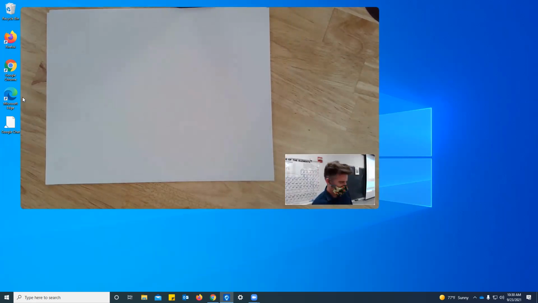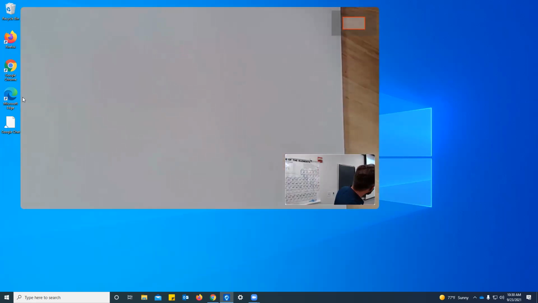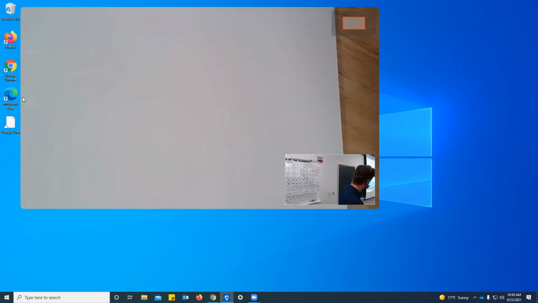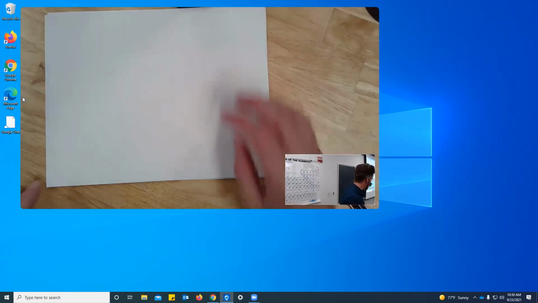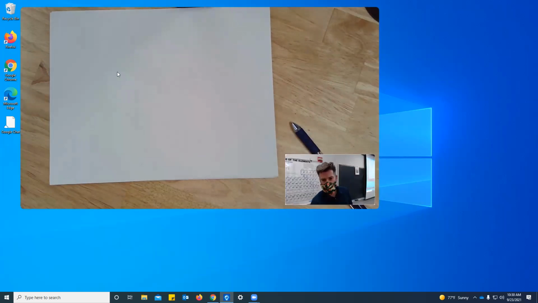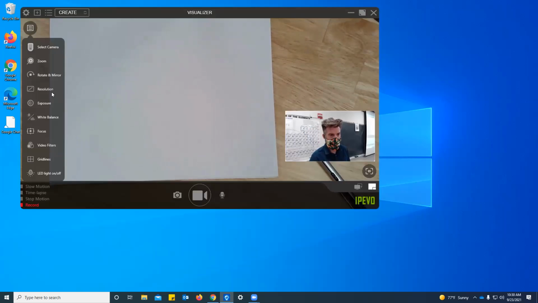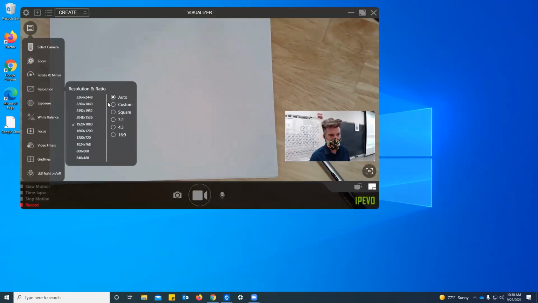Okay, let's see if I can get this dialed in here. I want something in between those two. Can I not zoom back out? Okay, there we go.